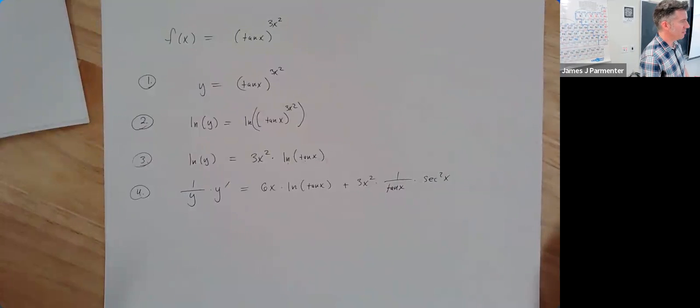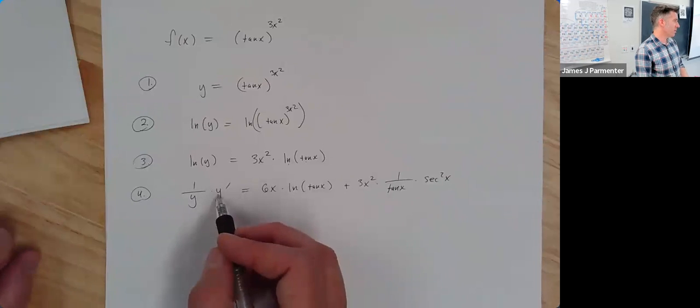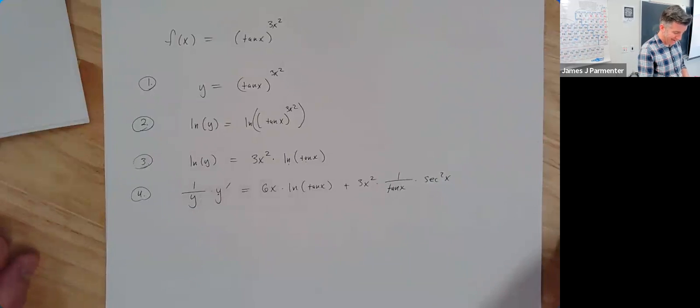There are 2 more steps, but in my opinion, you can make it 1. We need to solve for y prime. So what do I have to do to both sides? Yeah, multiply by y, and then we have to replace y with what it is equal to.